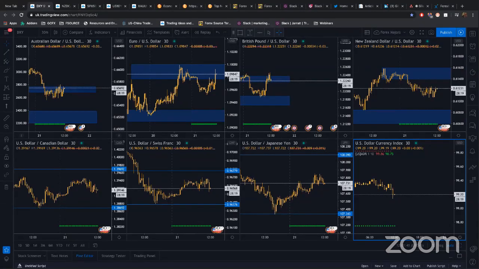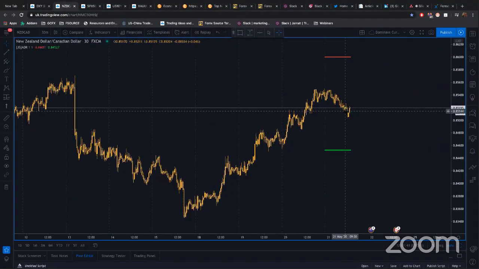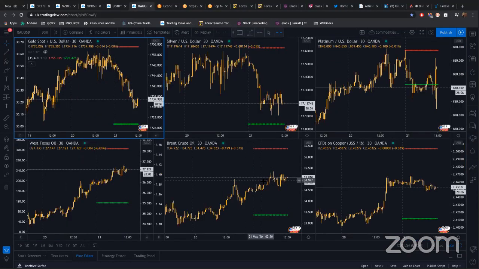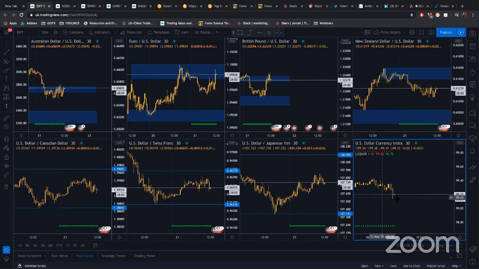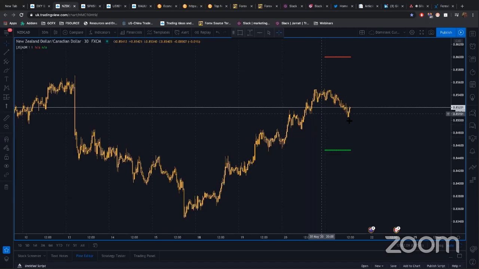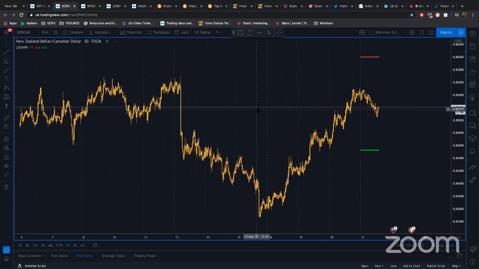So if the risk-off tone does change, it could result in a neutral bias for New Zealand dollar, Canadian dollar anyway. However, if the things driving oil higher remain in place, and then you get dollar strength on some more negative US-China comments, then that will pull New Zealand US dollar down lower and pull your New Zealand dollar CAD. So it's a tricky one.